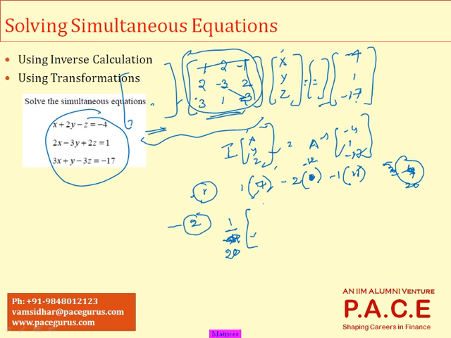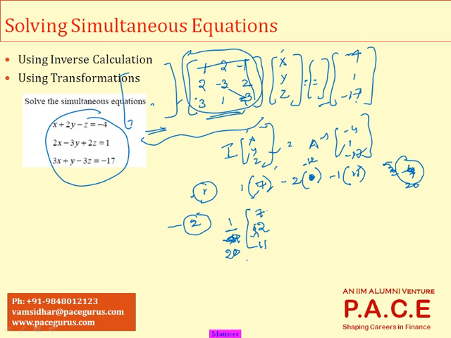1 by 20. For the first one, 9 minus 2, 7. For the second, I have to change the sign, but before that, remove the first row and the second column. 2 into minus 3, minus 6, minus 6, minus 12. Change the sign of that, make it 12, and put it in its transposed location. So this is 12. Then for the third, 2 minus of minus 9, which makes it 2 plus 9, which is 11.